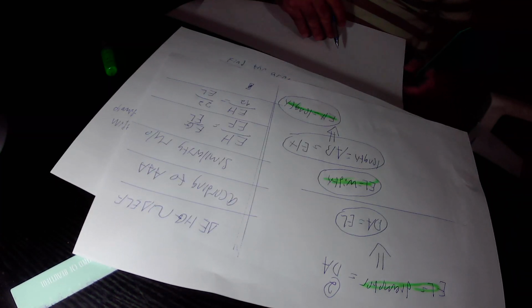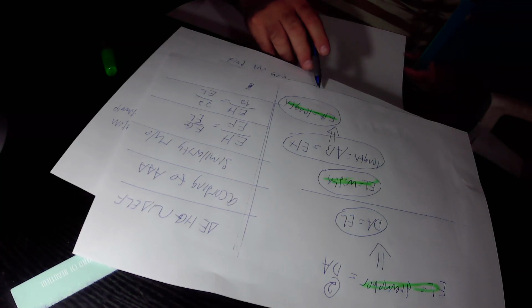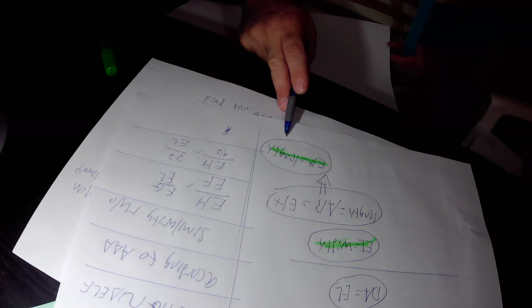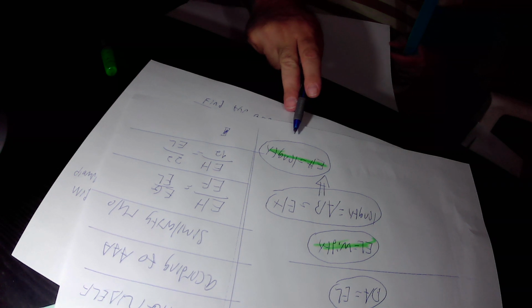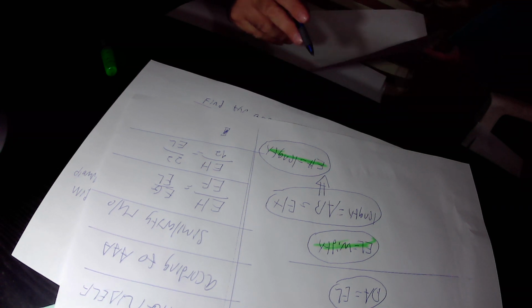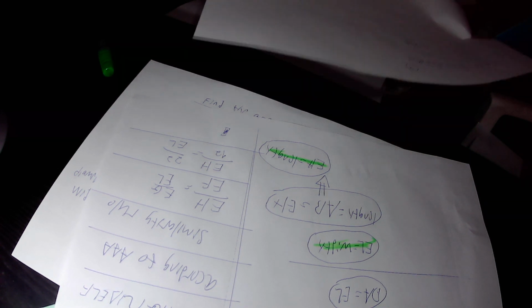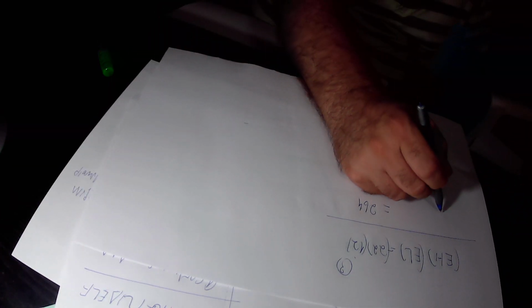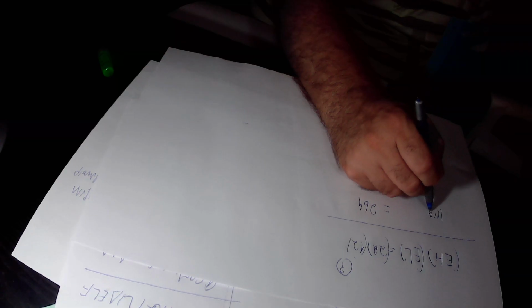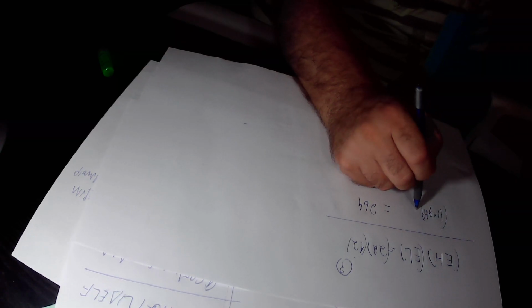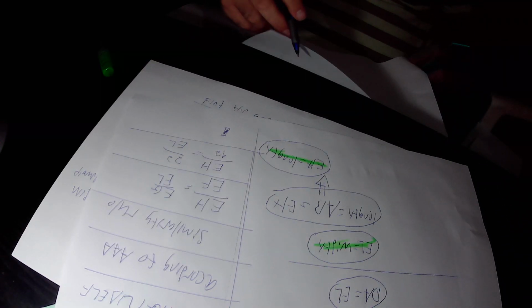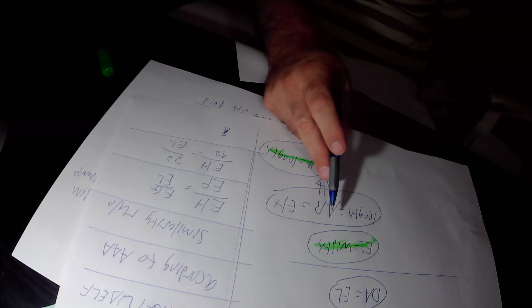We have already found out that EH is the length of rectangle ABCD. So we substitute EH by the length, times EL. We already found out that EL is the width of rectangle ABCD. So we substitute EL by the width.